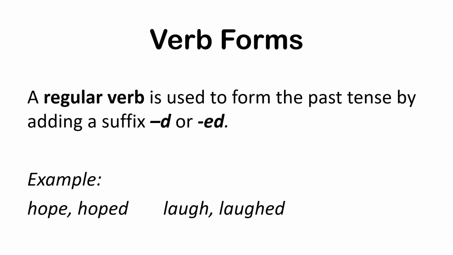Verb forms. I know that you are already familiarized with this. So we have regular verb and irregular verb. A regular verb is used to form the past tense by adding a suffix, d, or ed. Example, hope, hoped, laugh, laughed.